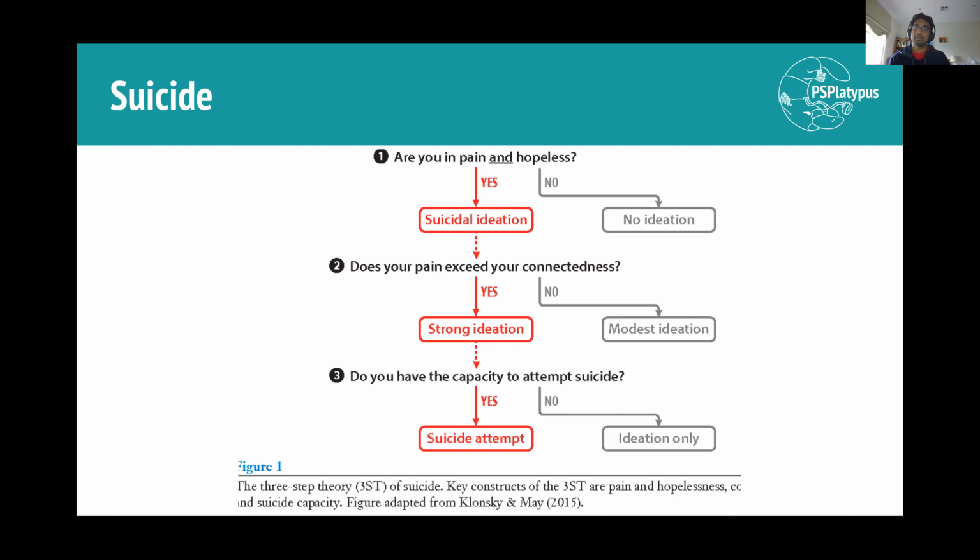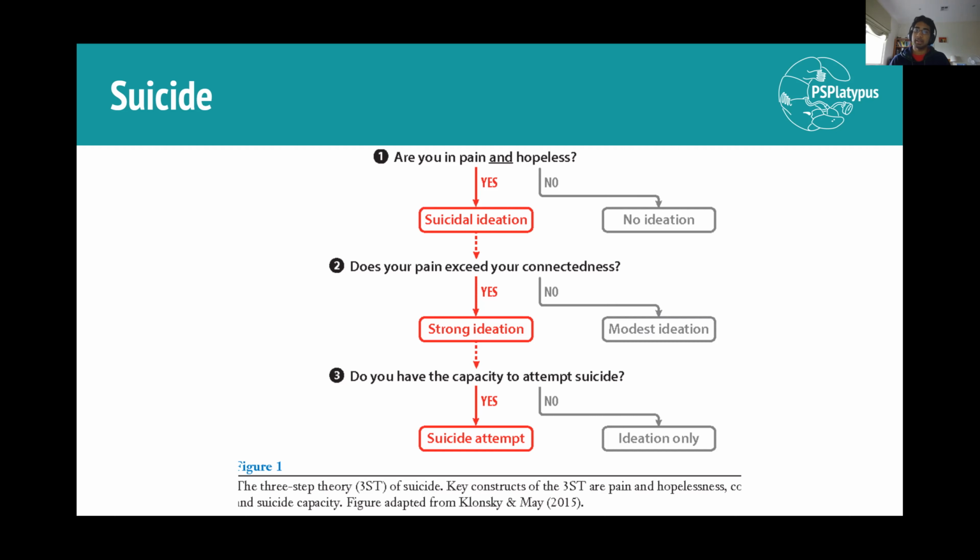And we then have sort of the escape step, the reason that social connection is so important, the reason that we look into things like cognitive behavioral therapy and social solutions to depression, which is that if people's pain or suffering is greater than their connectedness, then that leads to strong ideation.